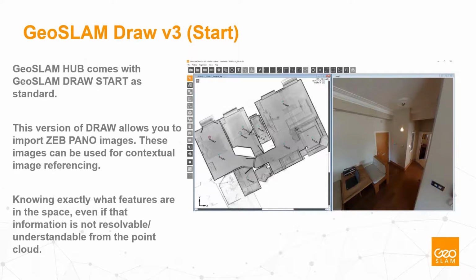If there was maybe a large bookcase, sometimes in the point cloud you're not quite sure if this is part of the wall or if this is a different feature, but being able to click on the 360 image, see exactly what was in that room, gives the person that is creating all the vector lines that extra piece of information to really make sure that the line work is correct and he or she is making the correct lines over the correct features. So it's all about this contextual image referencing and being able to resolve what is in the point cloud by having this extra piece of information, which is the 360 image.